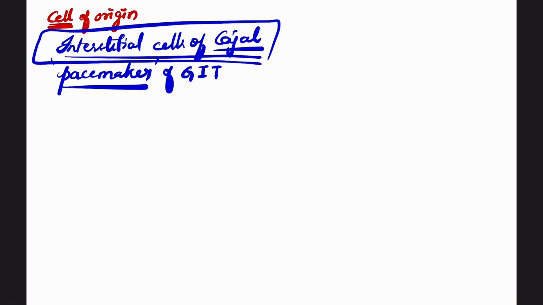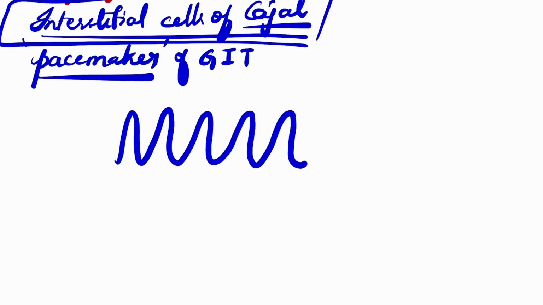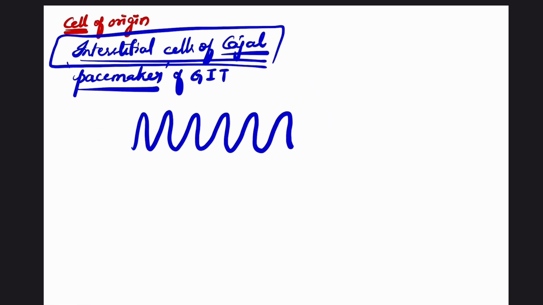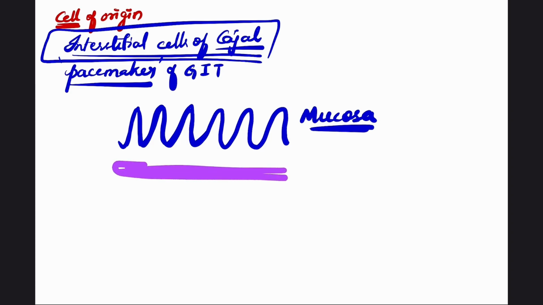Let me discuss the histology of the gut wall. From inside to outside, the first layer is the mucosa, lined by columnar epithelium. Beneath the mucosa is the submucosal layer, which is composed of loose fibrous tissue.